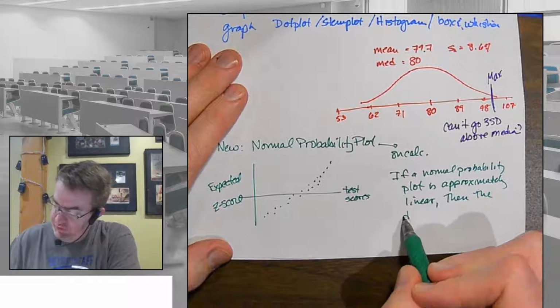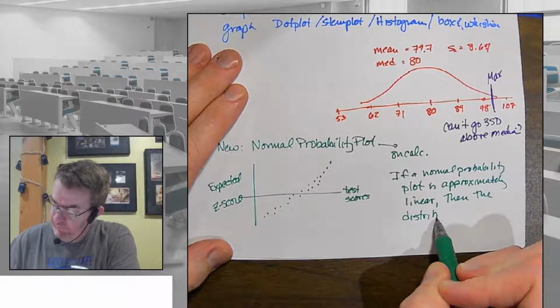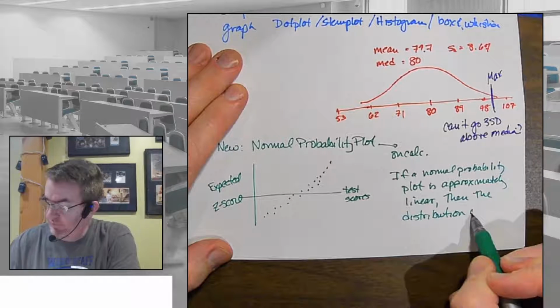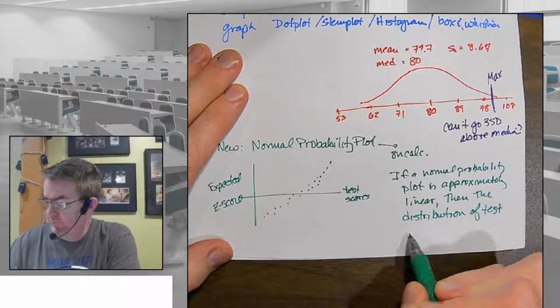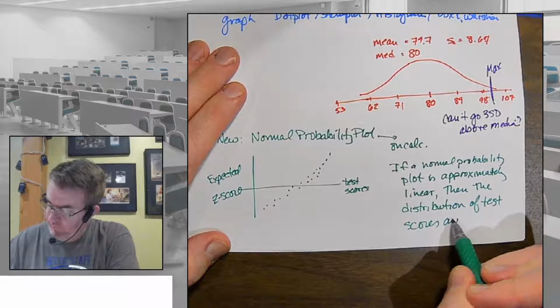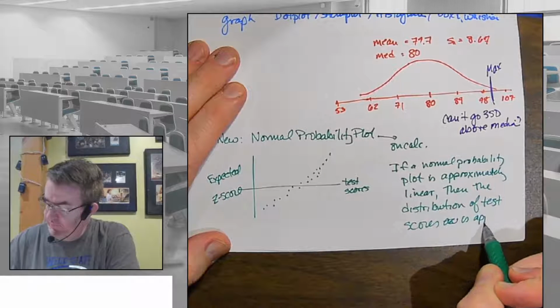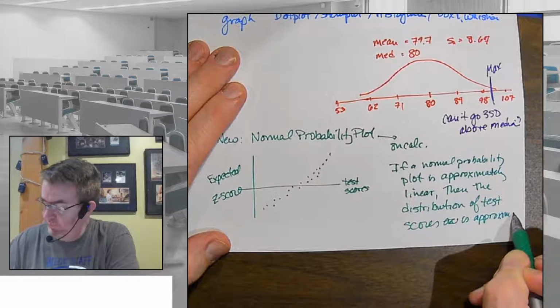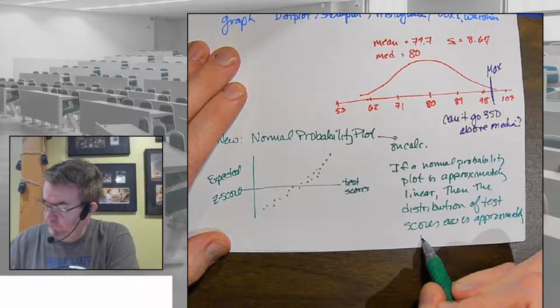It's called a distribution. Distribution of test scores is approximately normal.